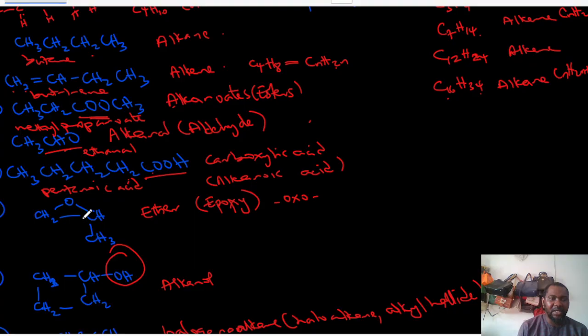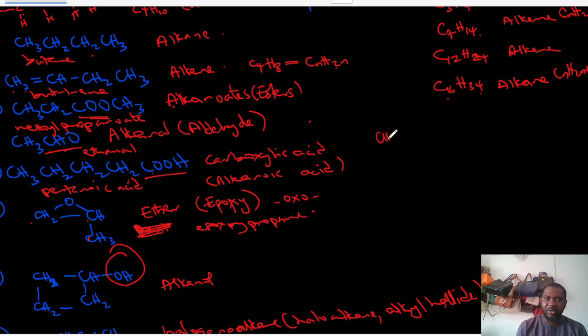Now this one here, we can call this 1, 2, 3. 3 carbons is prop. I'm trying to remember the name. It just skipped my mind. Okay, but you can say, yes, epoxy, in this case epoxypropane.